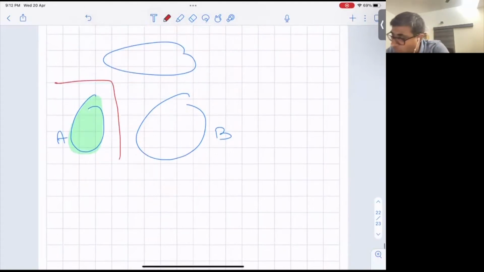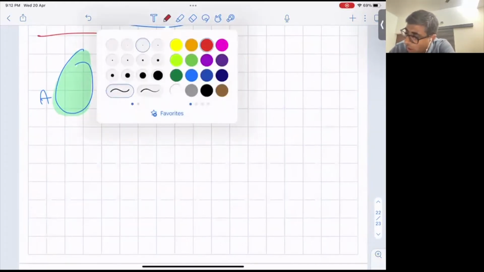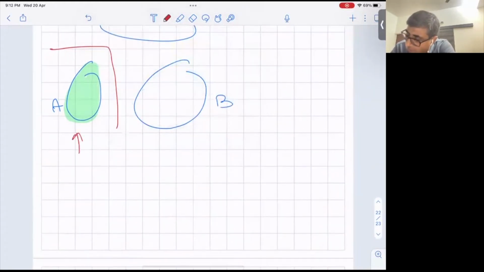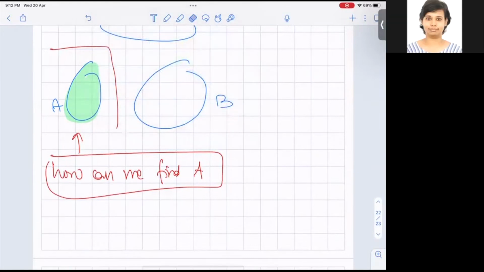Now let's see how we can find A. So A is what? All of you said, an independent set.